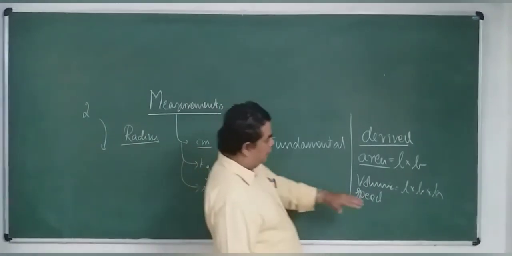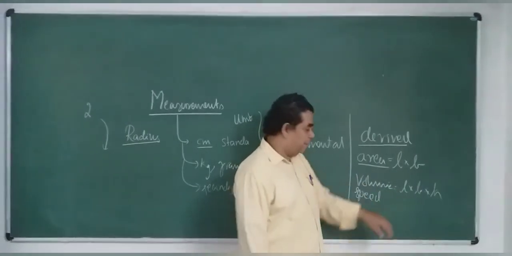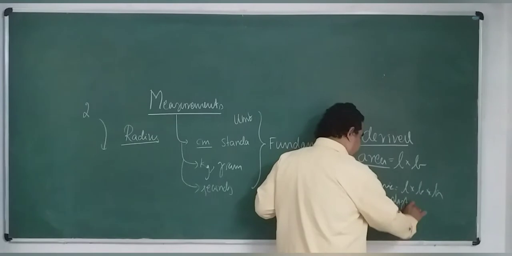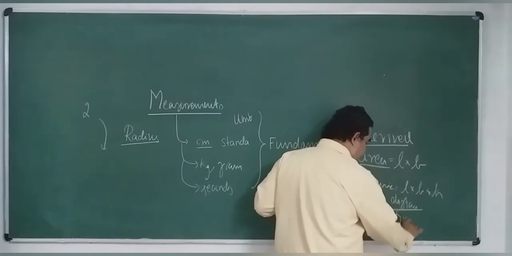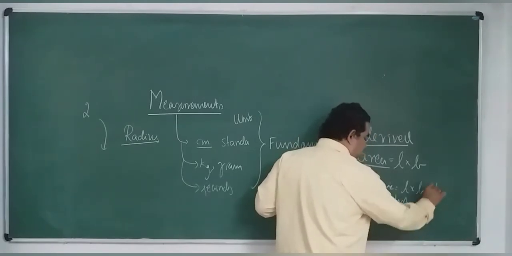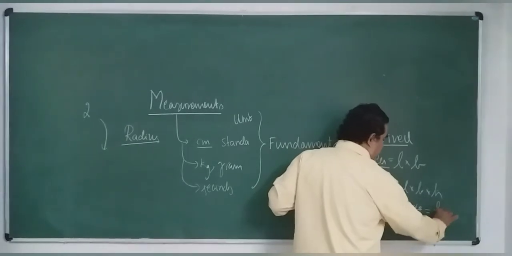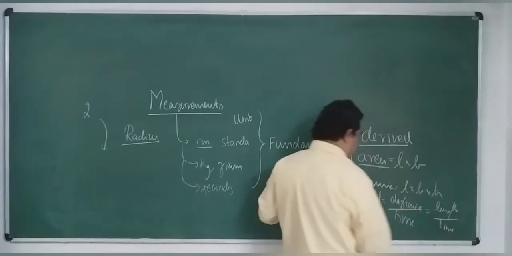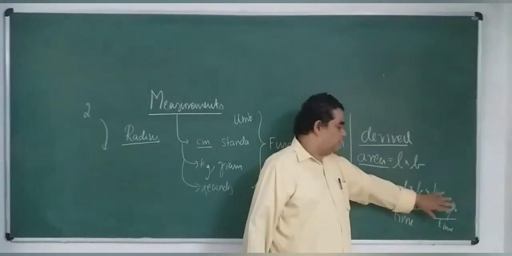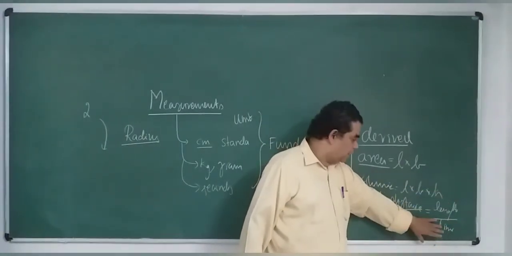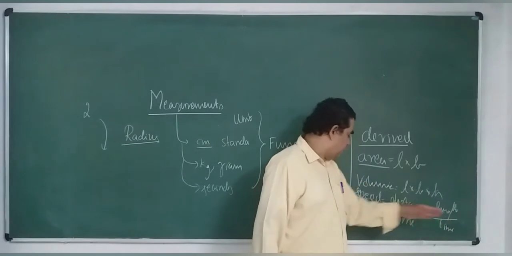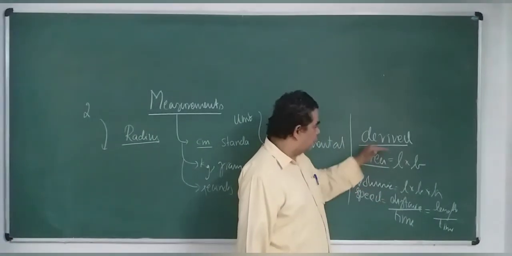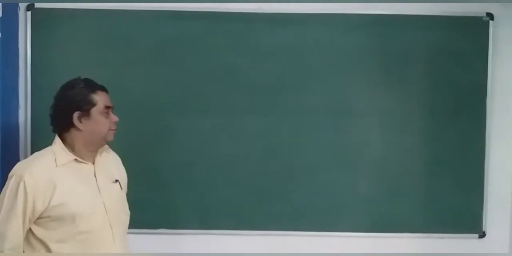Speed means distance traveled by time taken, which amounts to length by time. You must know the unit of length and the unit of time, and that will help us get the unit of speed. That's why these all come under the category of derived units.